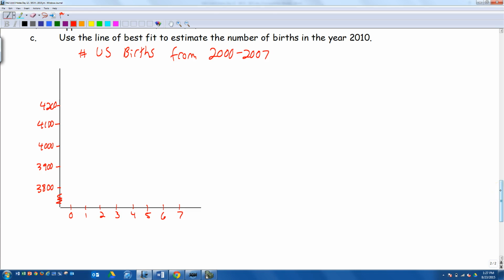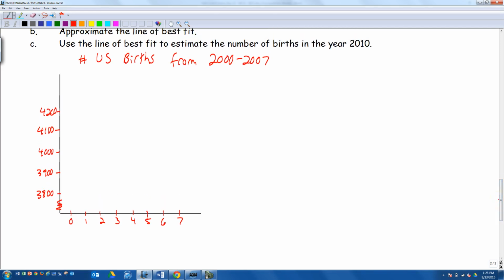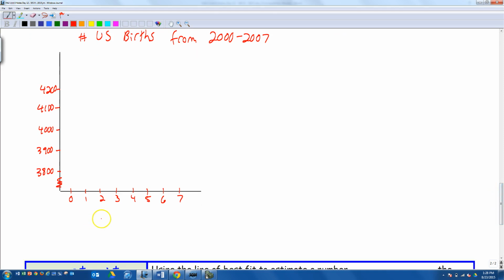Alright. Actually, no, I think some of you guys were born in 2000 or later. So, let's make the axes now. This is years since 2000. And then this over here on the side is number of births in thousands.